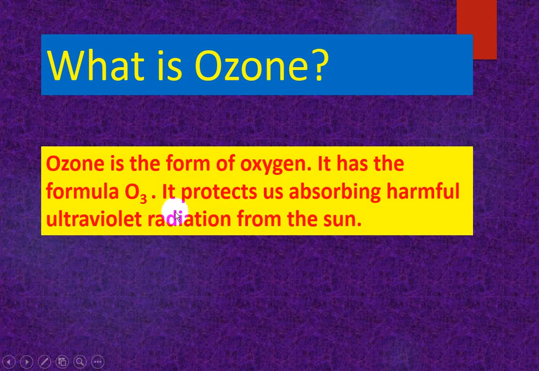What is ozone? Ozone is a form of oxygen. It has the formula O3. It protects us by absorbing harmful ultraviolet radiation from the sun.